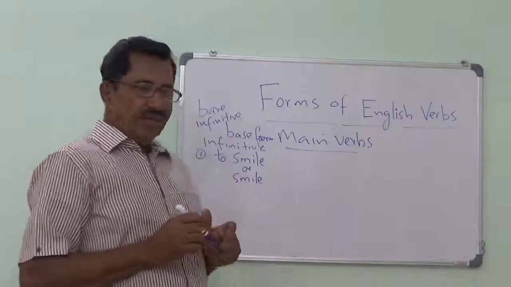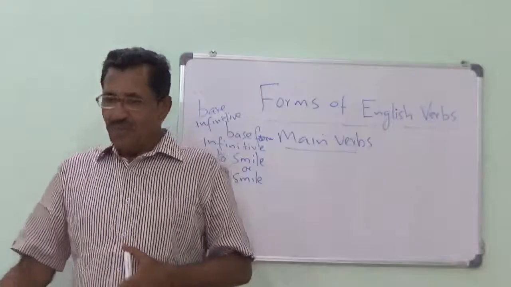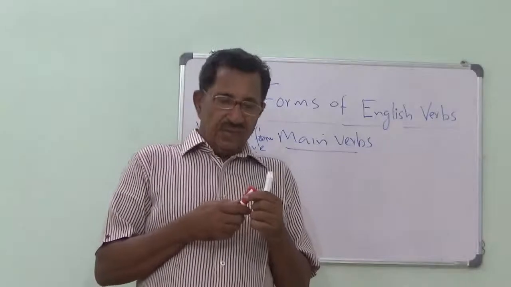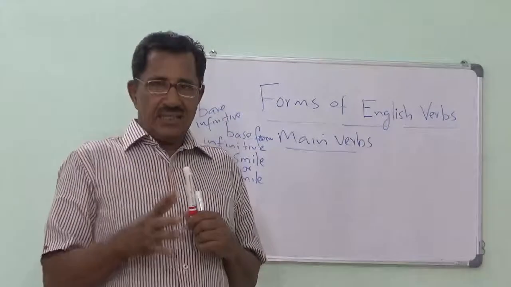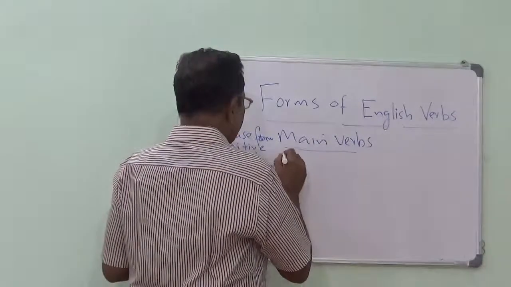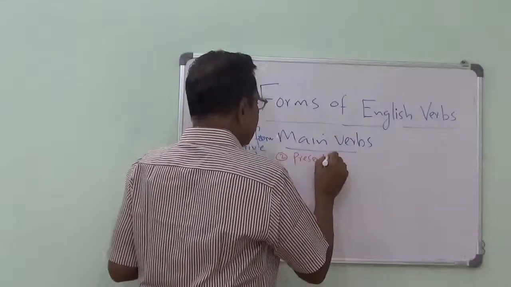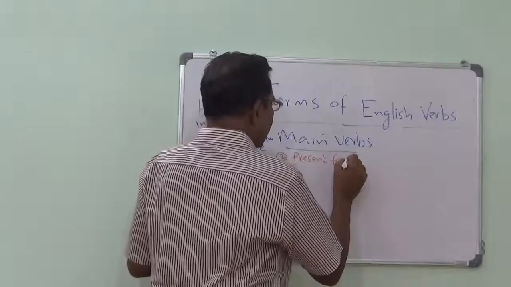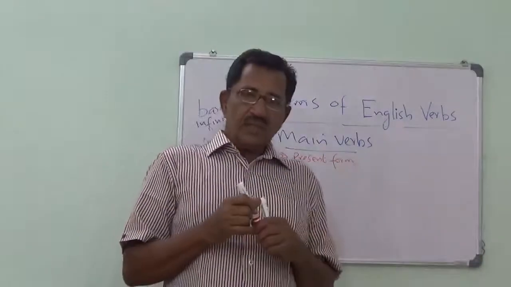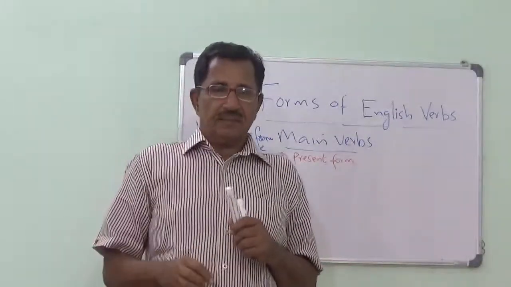First form. Then the second form of the verb is the form of the verb that we use in the simple present tense. So we will write like this. The second form is the present form. That means form used in the present tense, when you learn tenses.